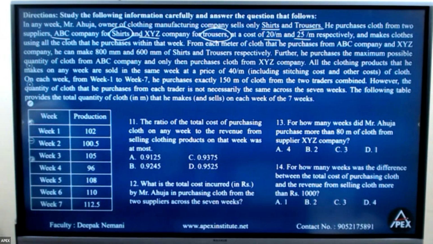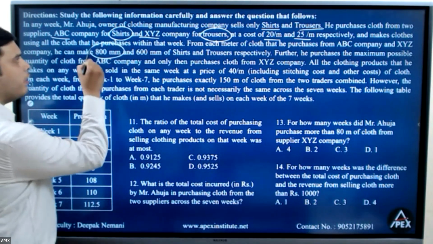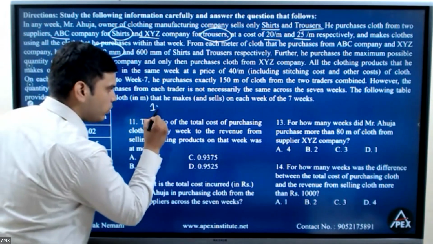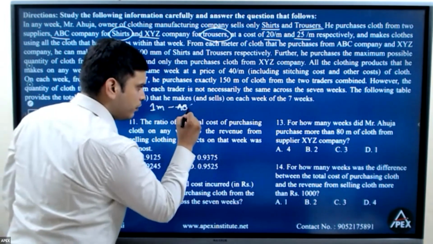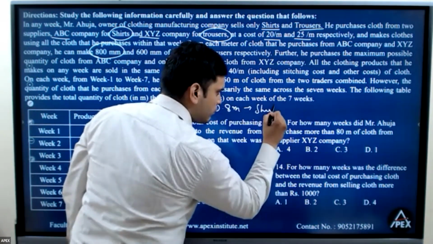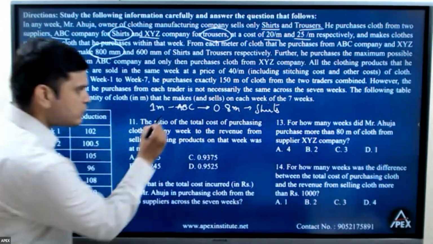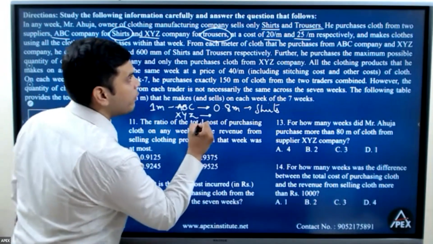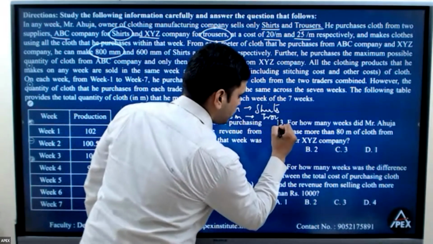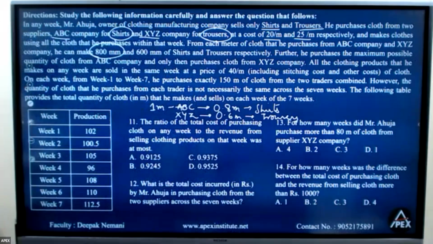Okay. Now from each meter of cloth that he purchased from ABC company, he can make 800 mm of shirts. Okay, so suppose he bought 1 meter of cloth from ABC company. He will be making 0.8 meter worth of shirts, and from 1 meter from XYZ company, he will be making 0.6 meters worth of trousers.